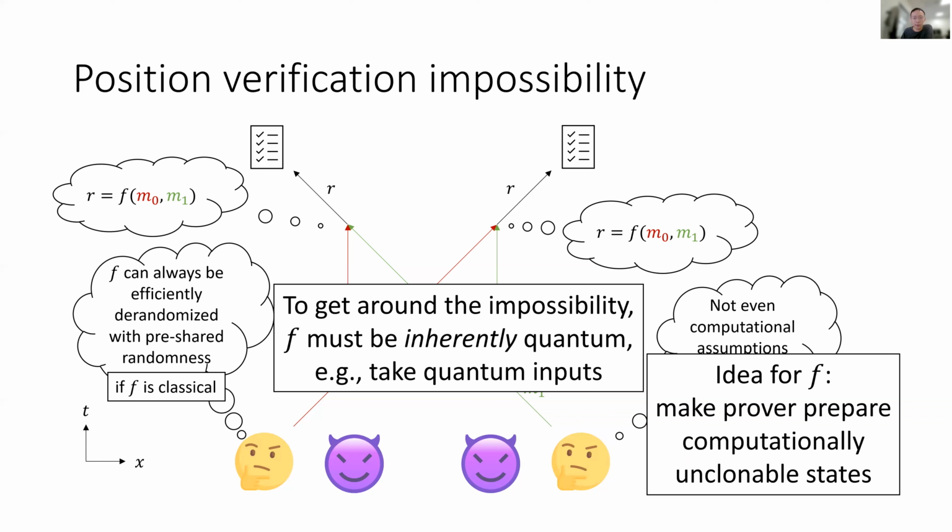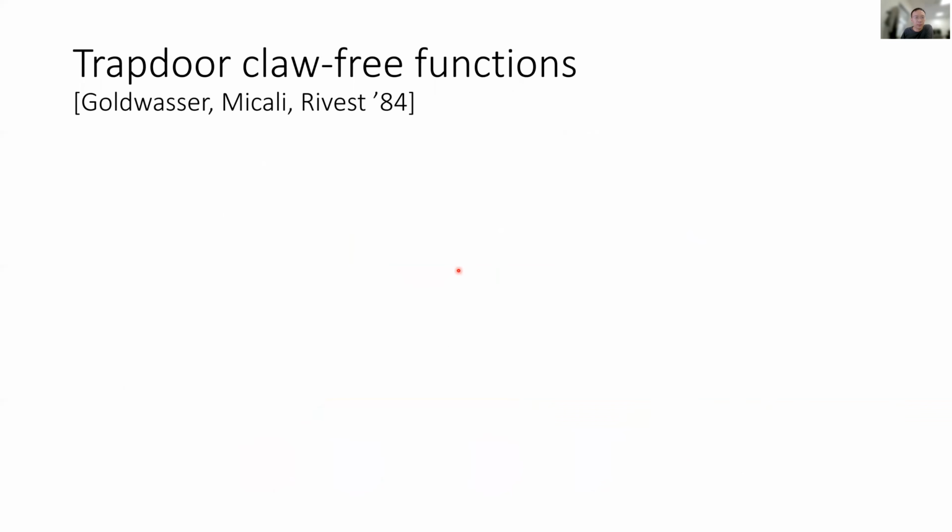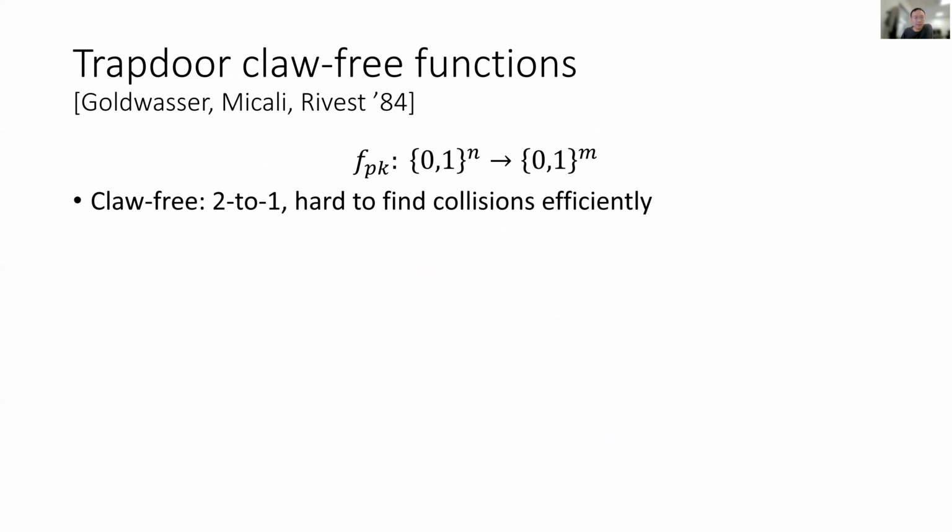And in particular, we'll look at the protocol by Brakerski et al., which uses the following primitive, which is called trapdoor claw-free functions. So on a high level, a trapdoor claw-free function is a function that is parameterized by a public key that maps n bits to m bits. And claw-freeness means that this function is 2 to 1, and it is hard to find a collision in this function efficiently for a random public key.